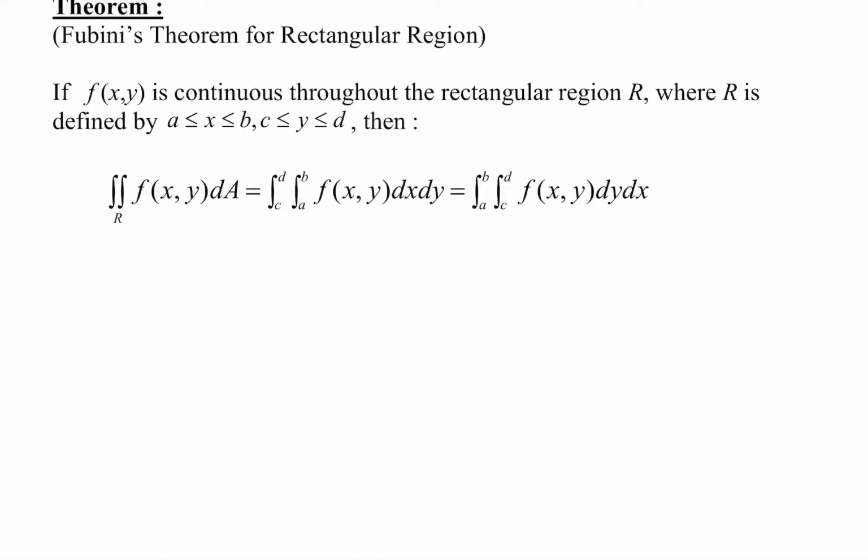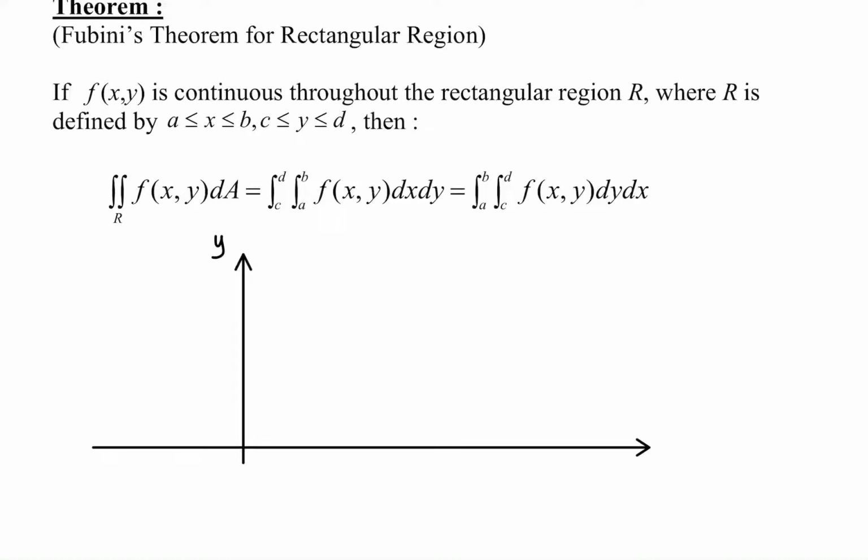Let's say these are our axes. This is my y, and that's our x. The statement states that x is between a and b, so let's say this is a, and that's b.